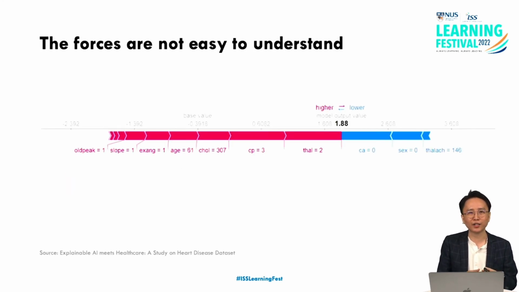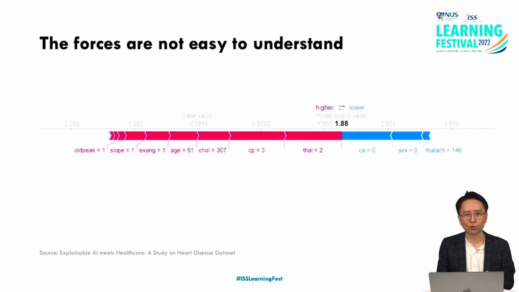For explanations such as SHAP, one of the main challenges is that the concept behind the explanations, the diagram, is not easy to understand for those who have no background or training in machine learning. The diagram looks intuitive only to those who have understood the concept of the explanations.